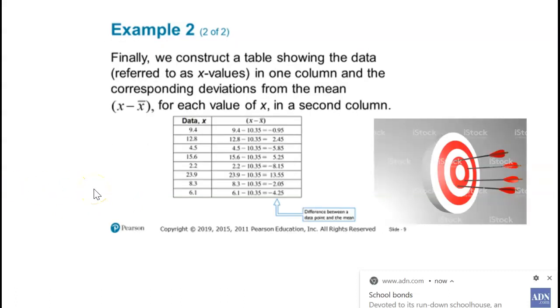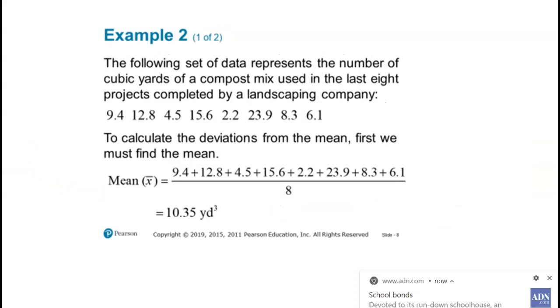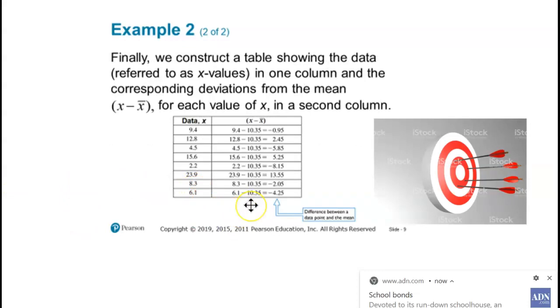Now, once we've done that, let me go back again. Notice that the mean of this set of composting is about 10.35 cubic yards of compost. We're going to use 10.35 down here, because we are going to construct a table showing the data, and the data is the X values.